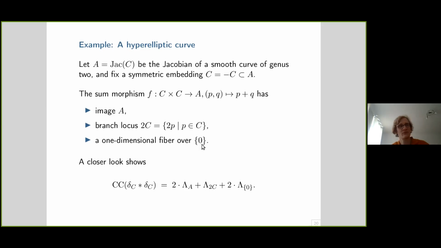And this is the way you should think of this convolution product in general. So the characteristic cycle of a convolution gives you information about the fibers of the sum map.